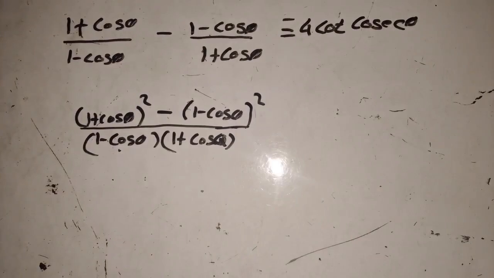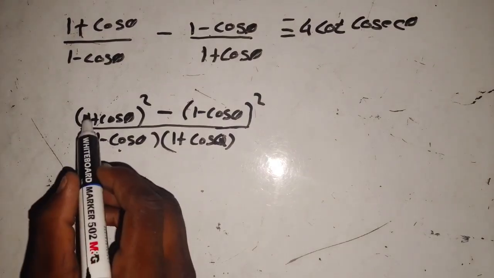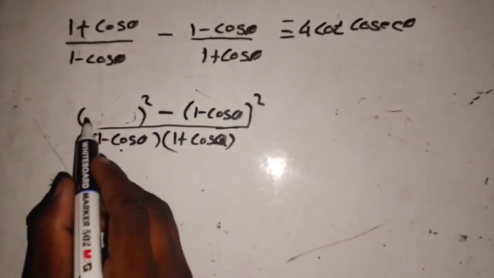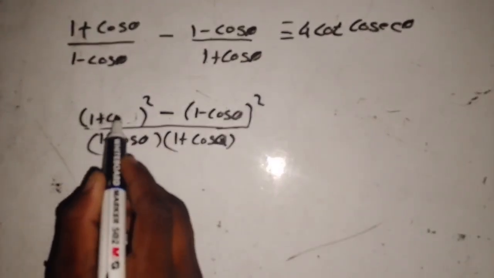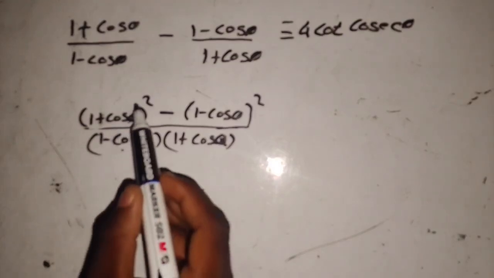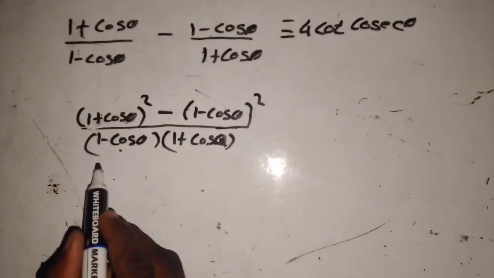Then you expand. So let's expand. We know that here we have (1 plus cos theta) squared. Let me just write it properly so that you can see. Here you can expand by this, the simple way of expanding. You just do 1 squared, it will give you 1.